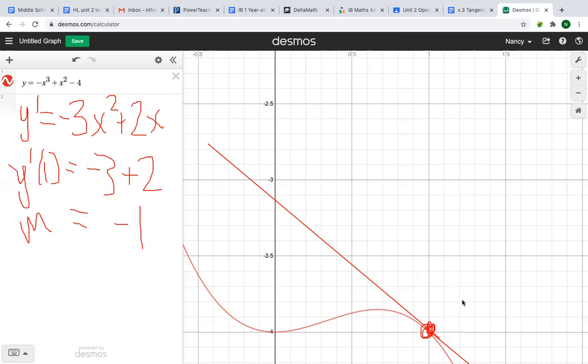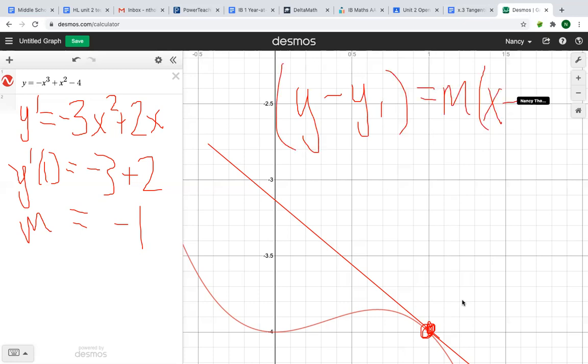Now the next step we need to figure out is the equation of a line. We have two ways to find a line. We can find the y-intercept or we can use point slope form. You'll remember that the formula you learned for point slope was y minus y1 is equal to m times x minus x1.